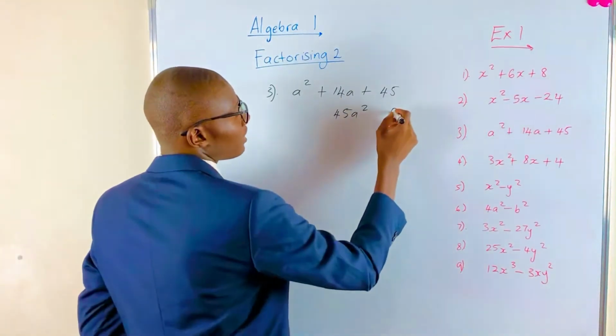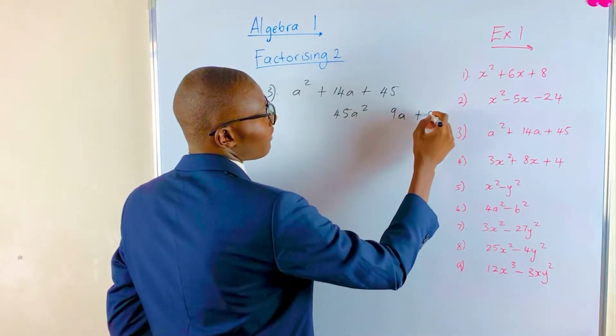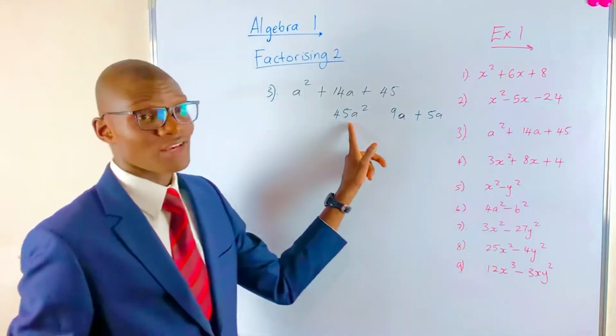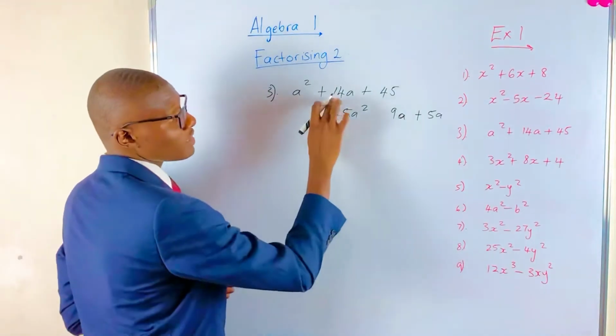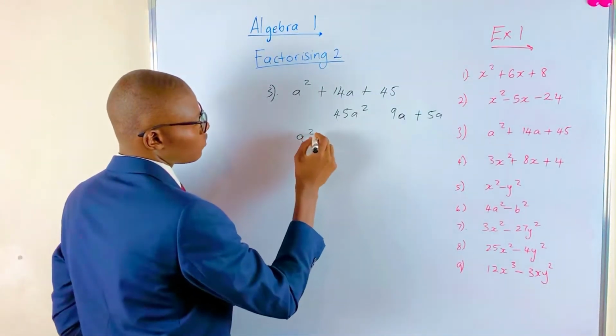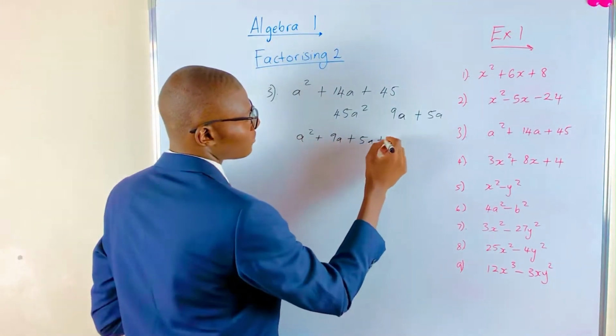This will be 9a plus 5a. So 9a times 5a, we get 45a squared. Then 9a plus 5a, we get 14a. So in place of 14a, we shall put 5a plus 9a. So a squared plus 9a plus 5a plus 45.